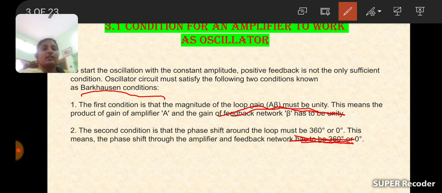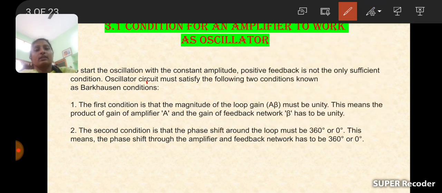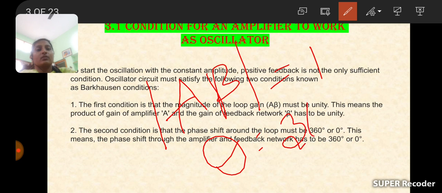And the second condition is, in addition to the feedback, the circuit must satisfy the Barkhausen criteria. Barkhausen criteria means the magnitude of the loop gain, the product of A and beta, must be equal to 1, and the total phase shift around the circuit is equal to 360 degrees or 0 degrees.